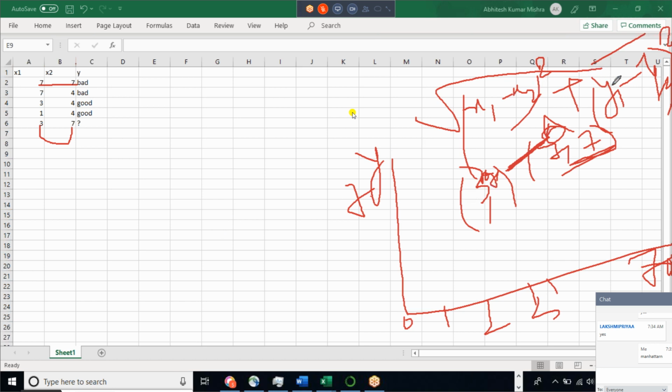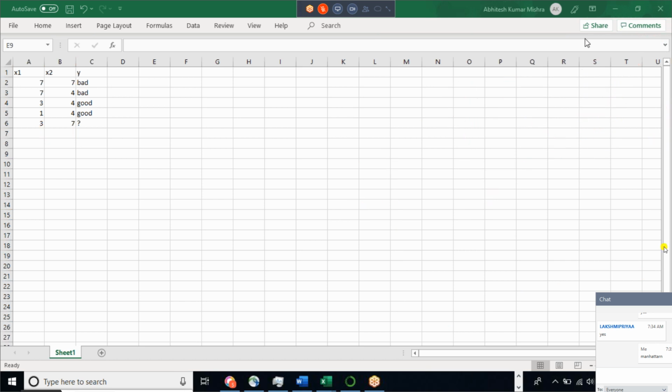So we have a formula: x1 minus x2 plus y1 minus y2. Sorry, I deleted it here. Tell me the result. Let's suppose x1 is 7 and y1 is 7.